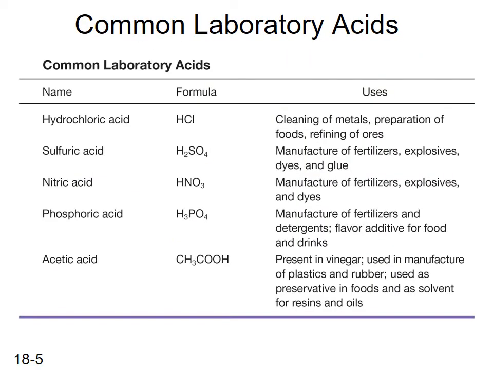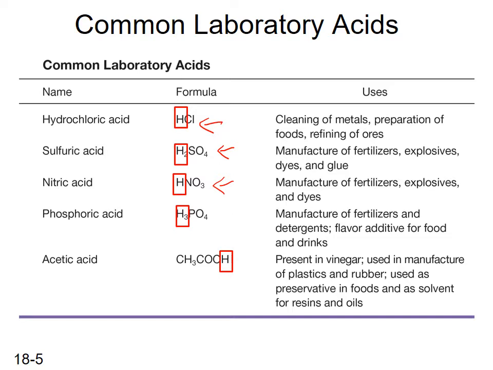This table lists some common laboratory acids. Their molecules all contain hydrogen to donate. Hydrochloric acid, HCl, is used for cleaning of metals, preparation of foods, refining of oils. Sulfuric acid, H2SO4, and nitric acid, HNO3, are both used for manufacturing of fertilizers, explosives, dyes, and glue.